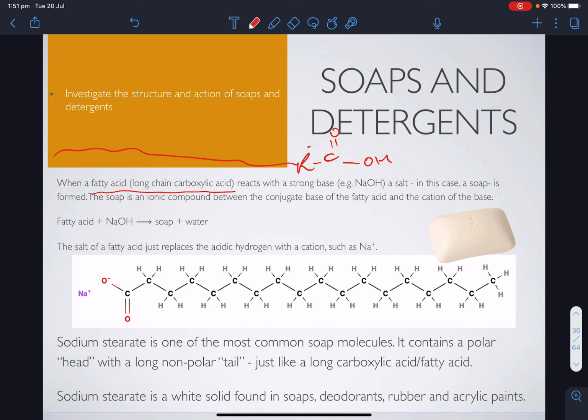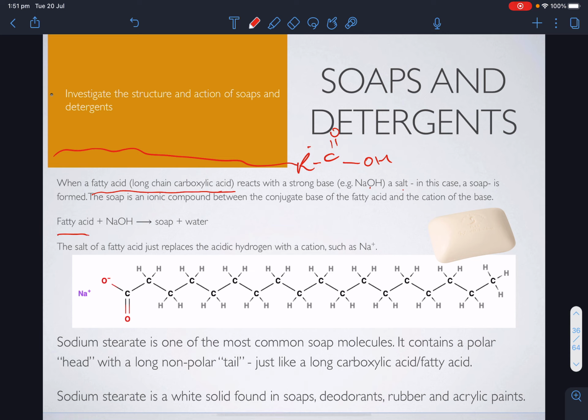It reacts with a strong base to give a salt. So what we're talking about is acid plus a strong base gives a salt plus water. And in this case, this salt, which is the salt of this long chain carboxylic acid, is called a soap. So soap is just the salt of an acid-base reaction where the acid is a long chain fatty acid.